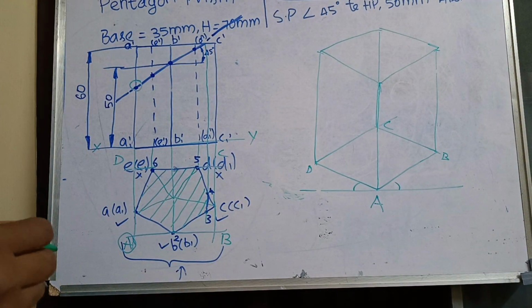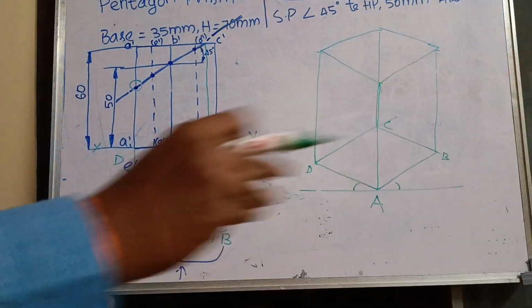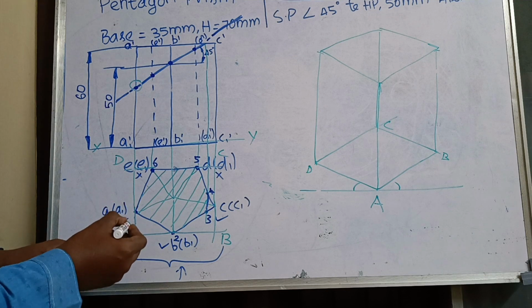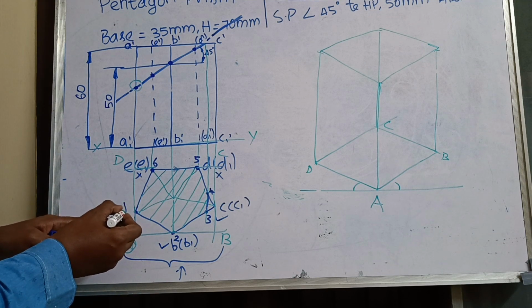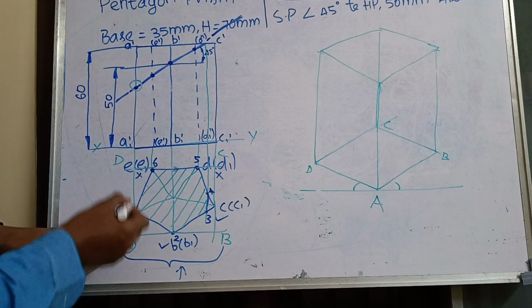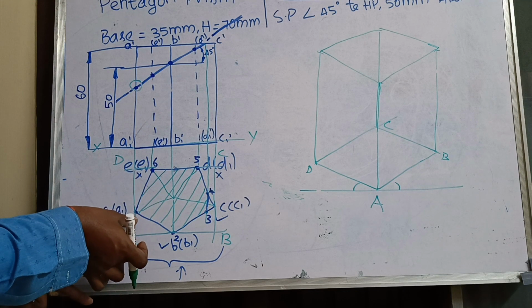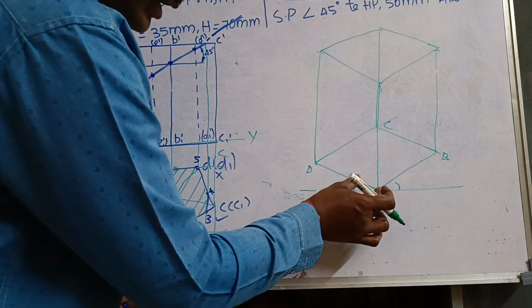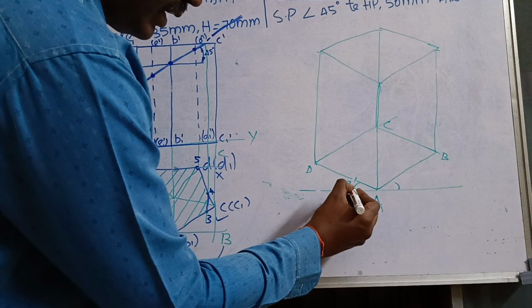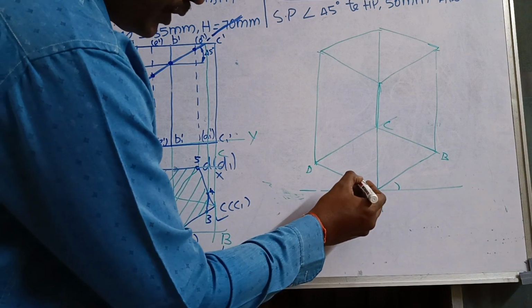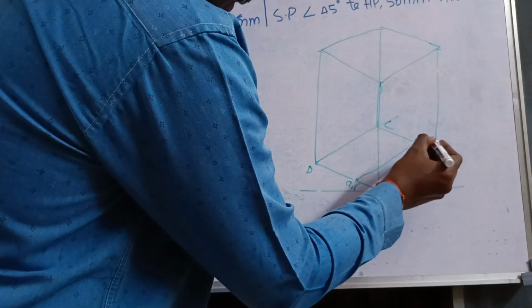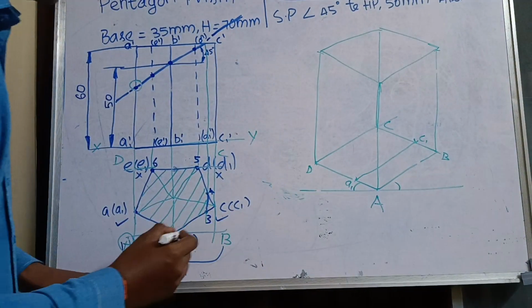Listen here. Now you mark the points. The A1 base point is available in between A to D. You measure from capital A to A1. This is A1. Similarly, you project the point, then you get C1.